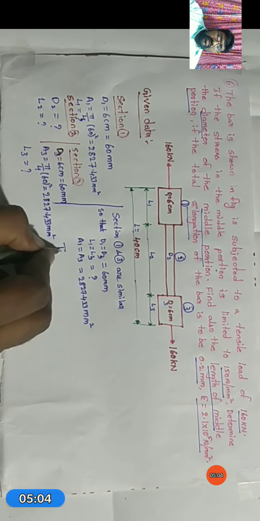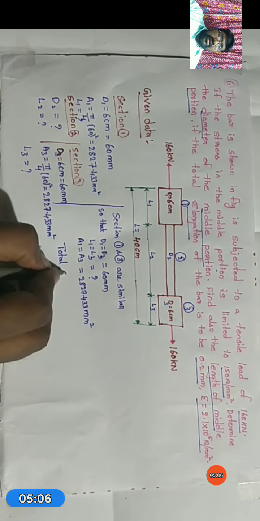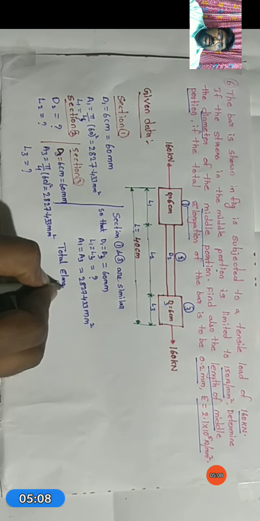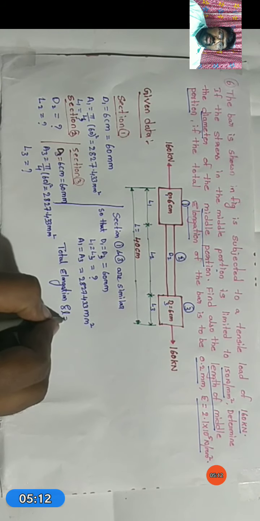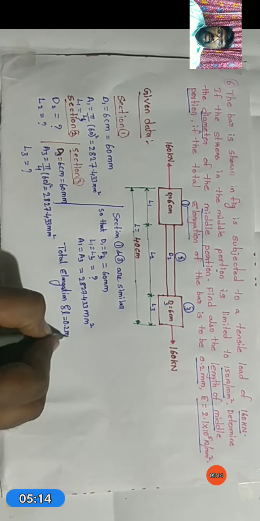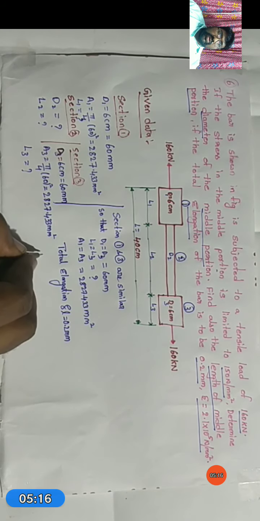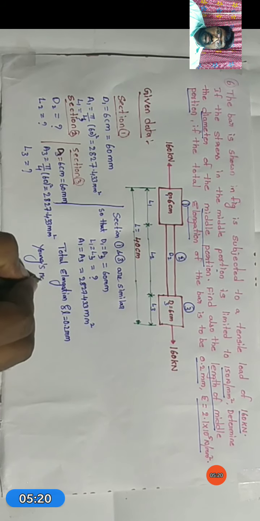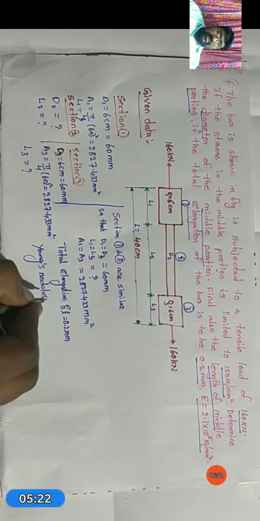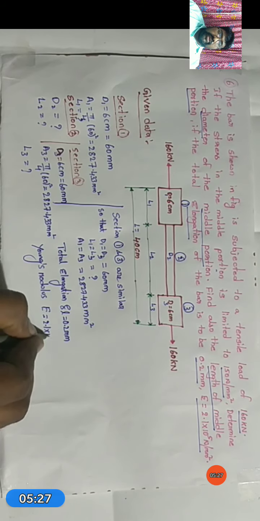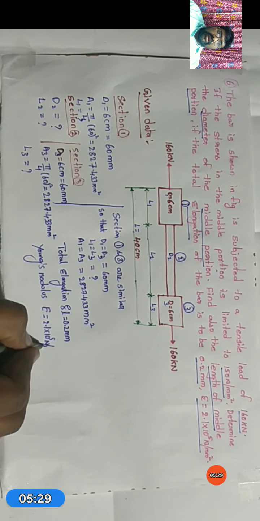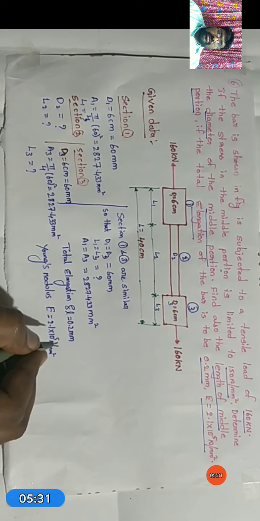Next, the total extension of the bar they have given as 0.2 millimeters due to the load of 160 kilonewtons, and Young's modulus they have given as 2.1 into 10 power 5 Newton per millimeter square.